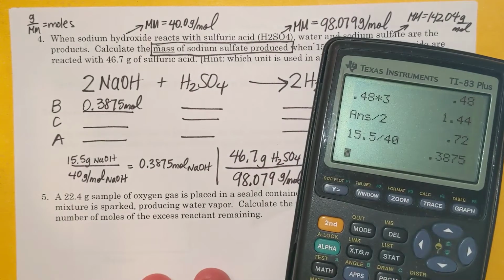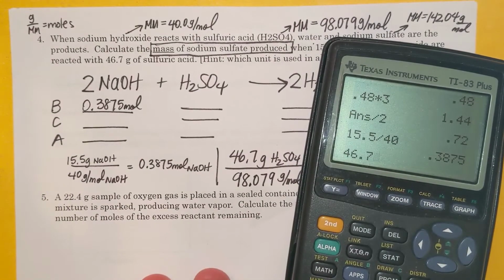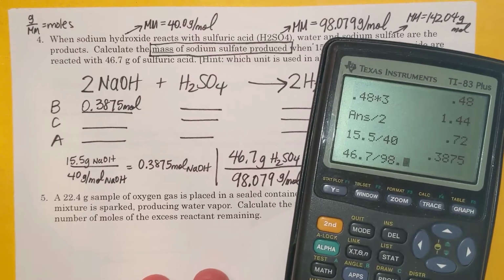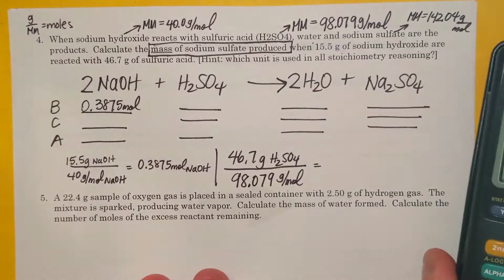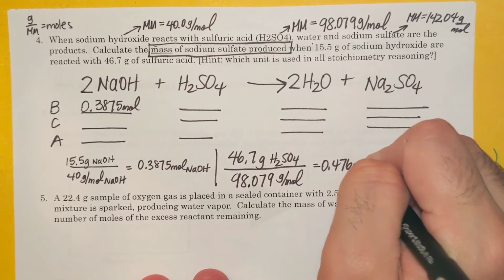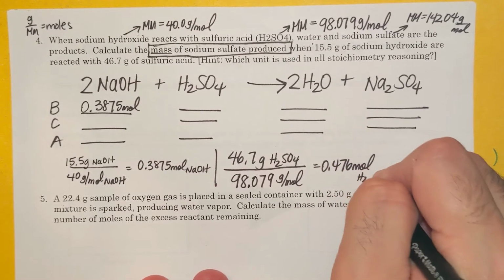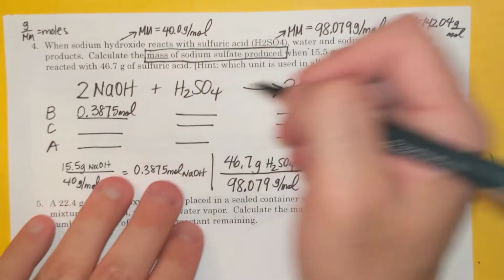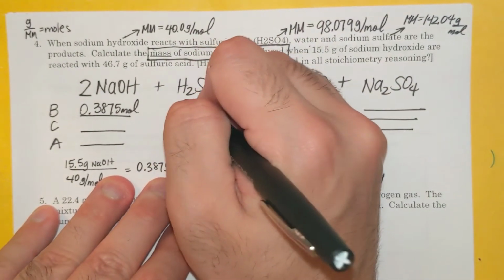And if I do this math, I will get how many moles of sulfuric acid I have. I get 0.476 moles of H2SO4, and I'm going to put that up here, 0.476.